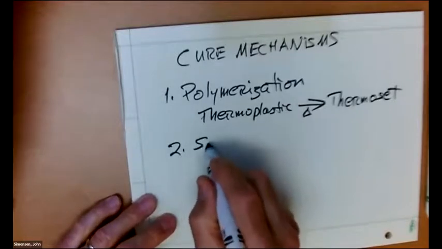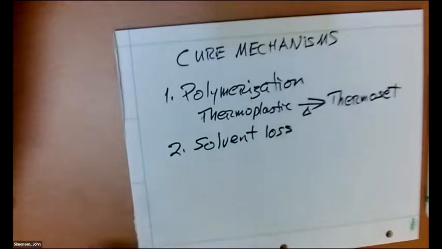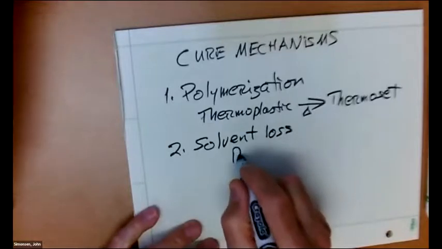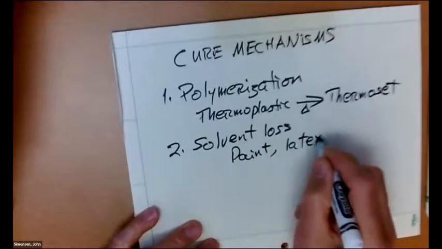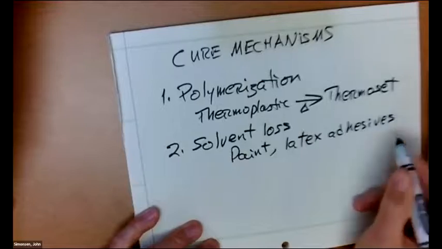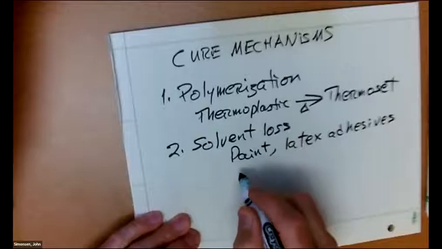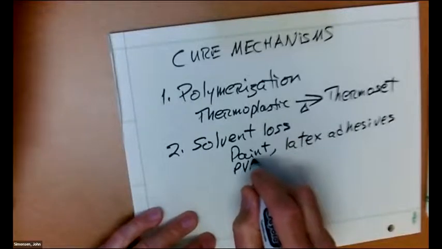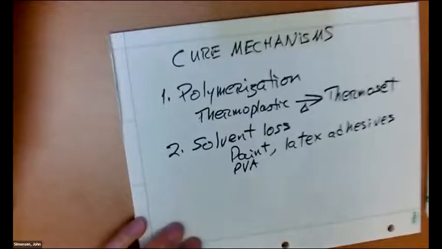The second one is solvent loss. A good example here is paint or latex adhesives. Also PVA, polyvinyl acetate, which is white wood glue.